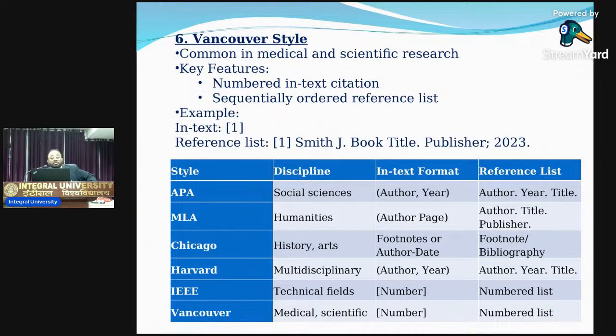list. So you can see the reference list, 1 is from the entire thesis, book title, publisher, etc. This is the chart which I have made for different styles. You can go through that.